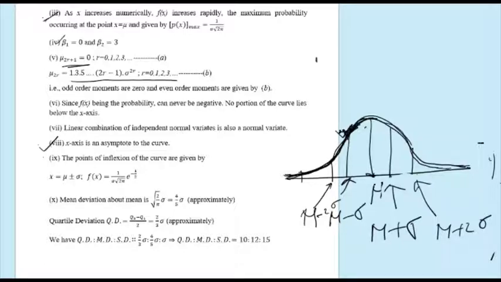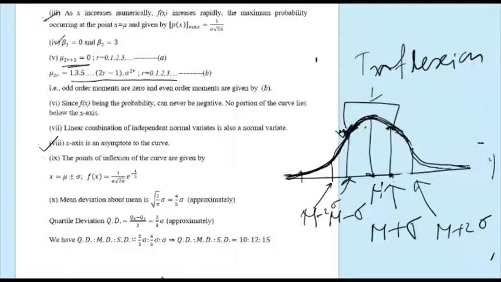So this point is called the point of inflection, and for the normal curve on the left hand side it is mu minus sigma. Again on the right hand side, after reaching the peak it goes on declining, and at this point the decline becomes slower. So this point is mu plus sigma. These 2 points are called the points of inflection: on the right hand side it is mu plus sigma, and on the left hand side it is mu minus sigma.